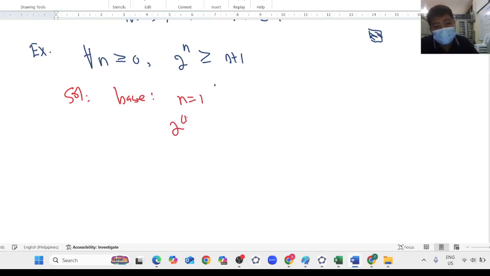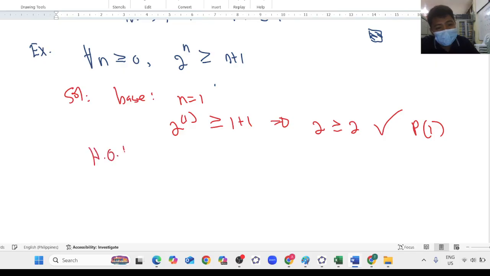We have here 2 raised to 1 greater than or equal to 1 plus 1, which implies 2 greater than or equal to 2, and that is true for P of 1. So for the hypothesis of induction, we have n is equal to k, 2 raised to k greater than or equal to k plus 1.